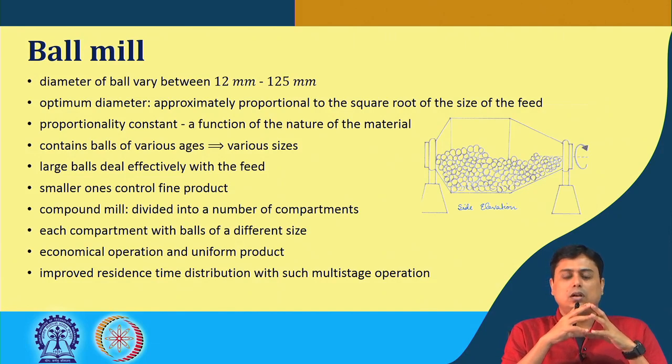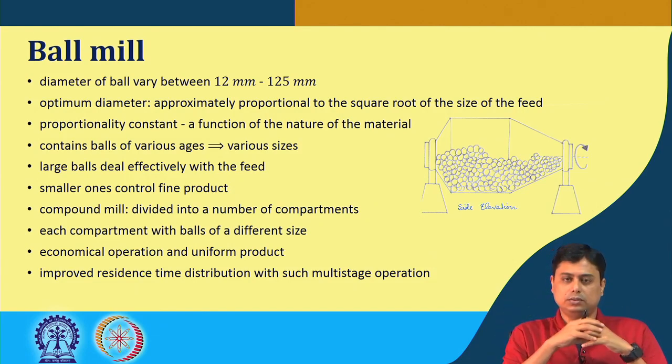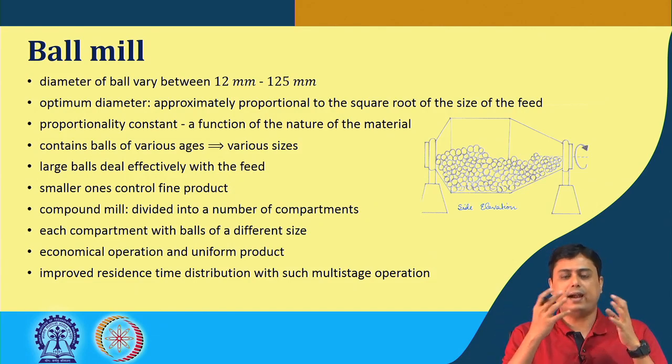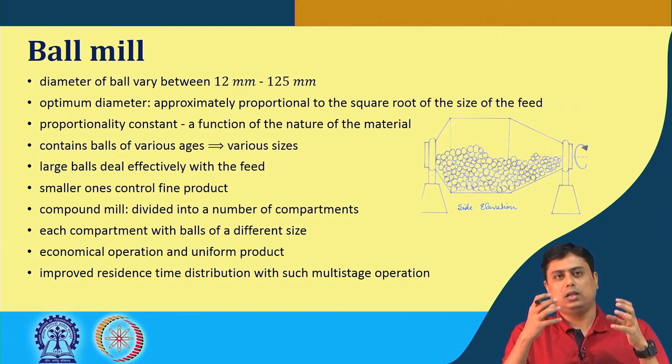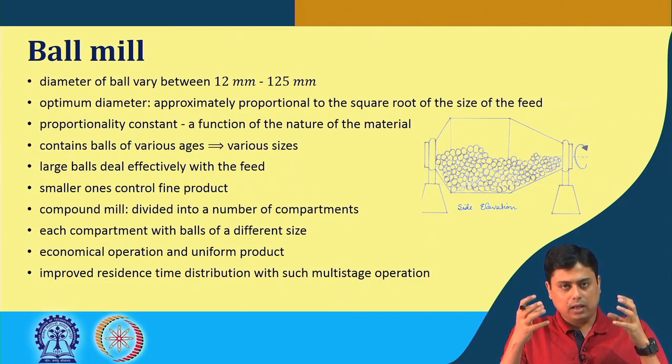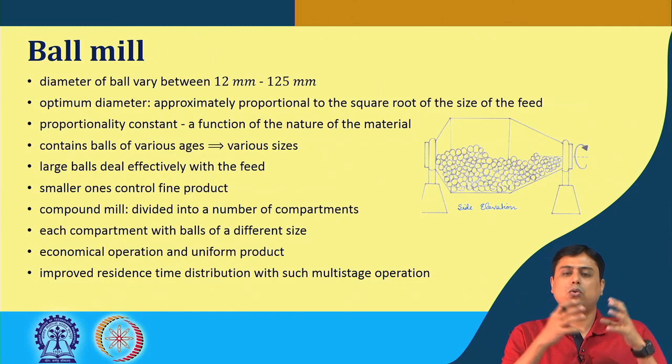Now, I repeatedly mentioned that this ball mill contains different sizes of balls. That is advantageous, because the large balls affect the size distribution for the feed, or the coarser material, in an effective way.